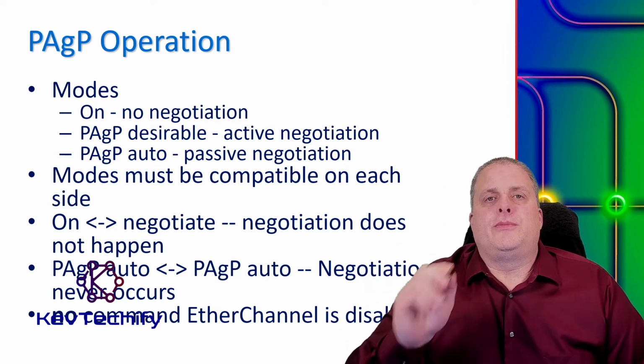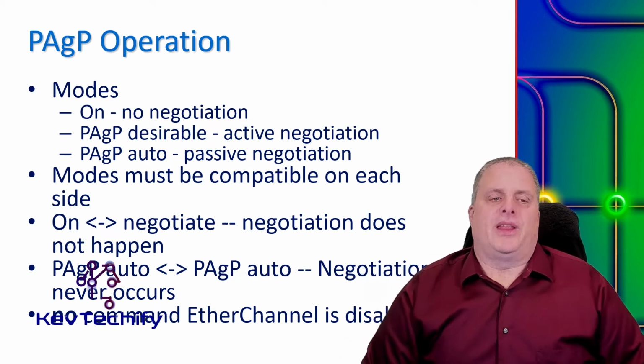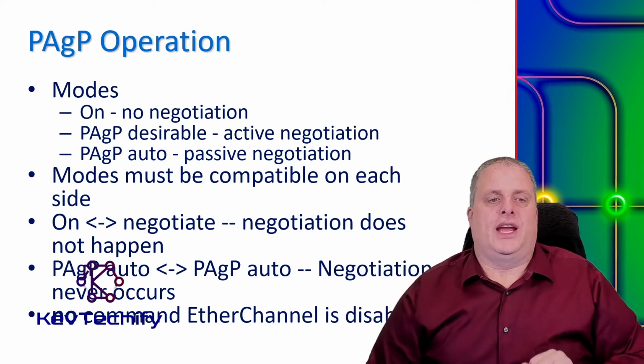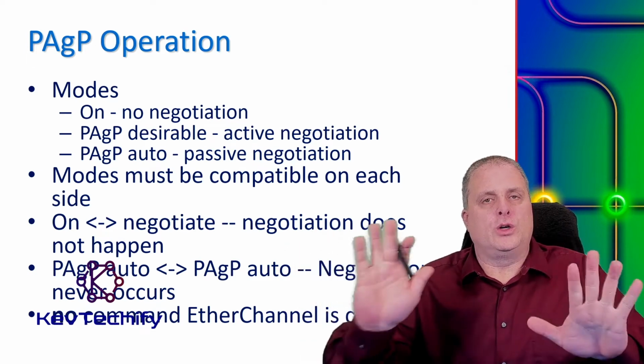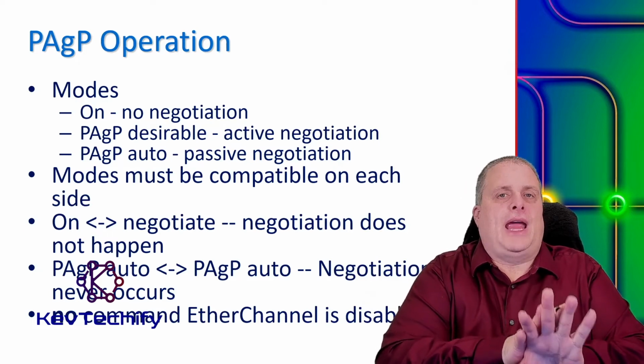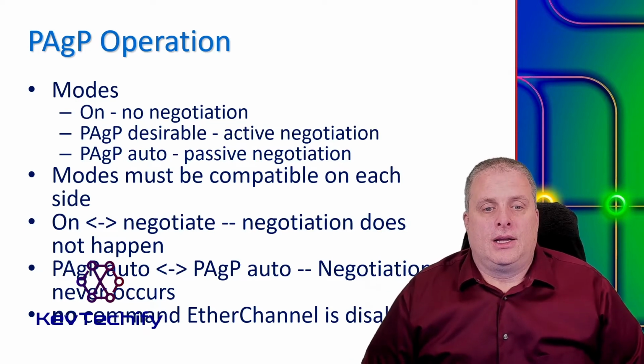Now, these modes have to be compatible with each other. Well, what do I mean by that? If we have on on one side of our connection and we try to negotiate with that, no negotiation is going to happen, because no negotiation happens when you are in a mode of on. It's just there and it's on.